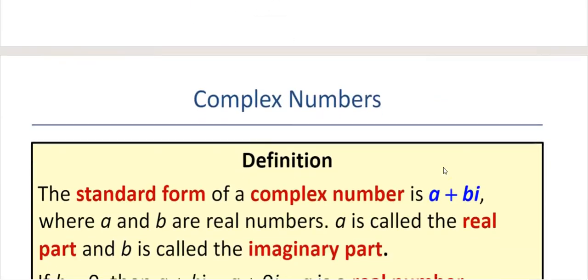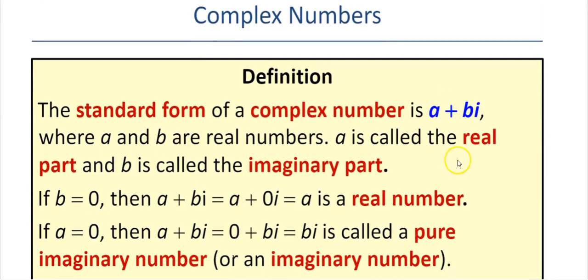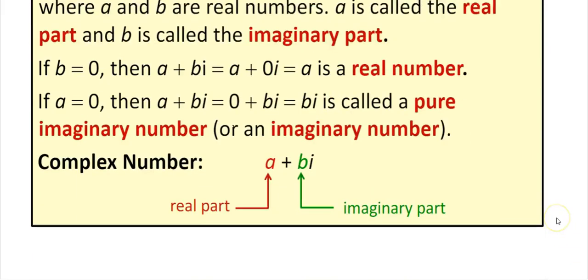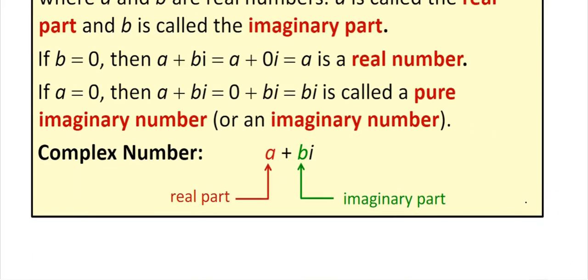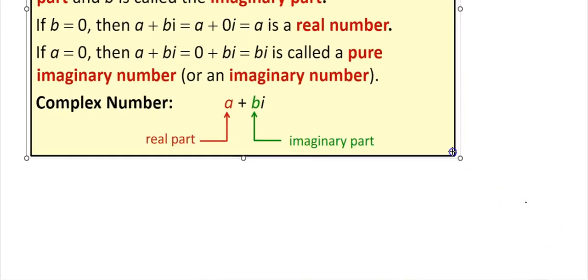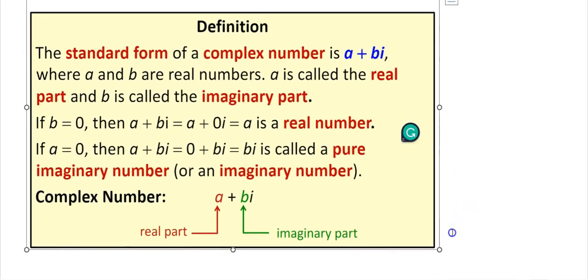Let's continue on. Here is the definition of a complex number. In fact, let me kind of shrink that up just a little bit so we can get all into one screen. The definition of a complex number is a plus bi, where a and b are real numbers. a is called the real part, and b is called the imaginary part.